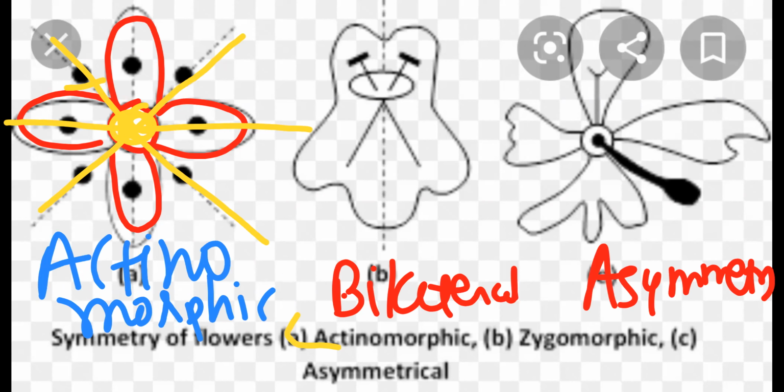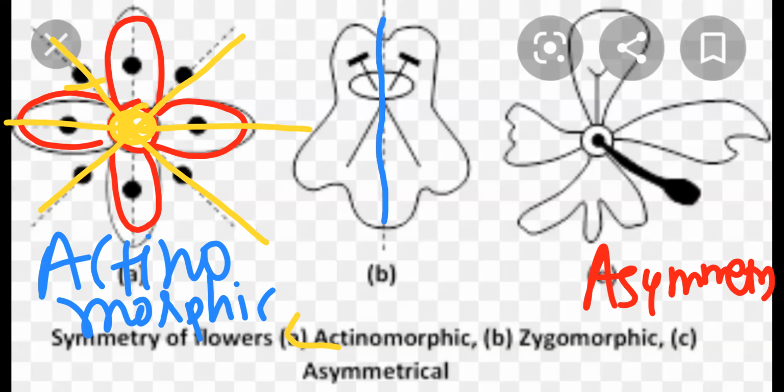Then next, bilateral symmetry. Can anyone explain what is bilateral symmetry? Rudra, go ahead. Yes, ma'am. A type of symmetry in which the plane divides into two equal or identical halves. Yes, a single plane of axis which divides the flower into two equal halves. Just imagine if I cut in this way, then the flower is not divided into two equal halves.